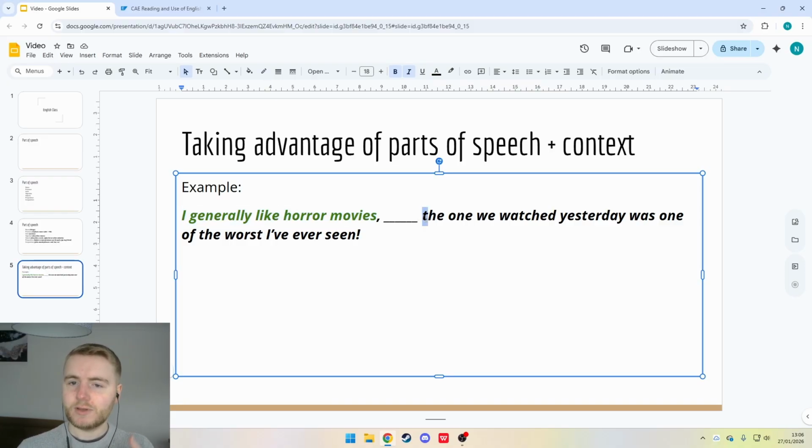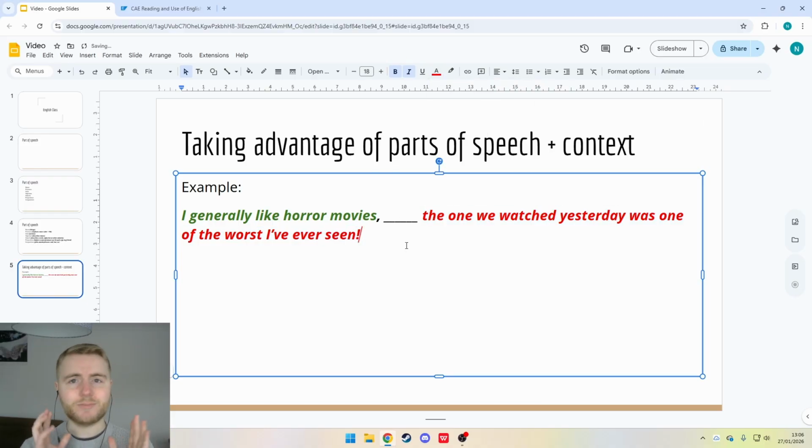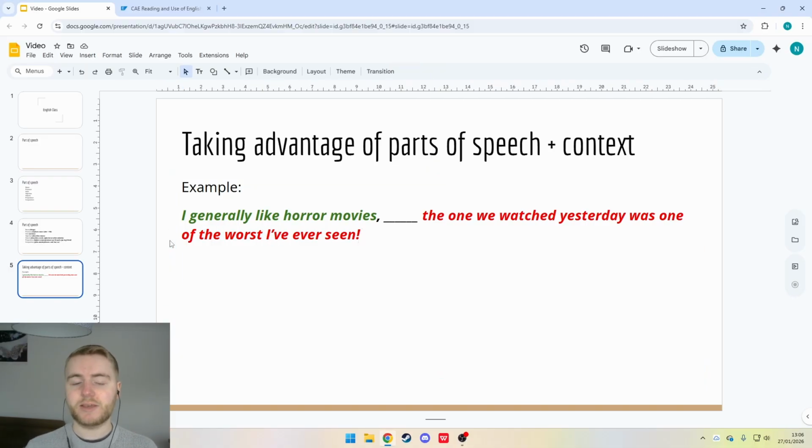This one, the one we watched yesterday was one of the worst I've ever seen. I'm going to put that in red. It's a bad, negative idea. In this one, we're saying this movie was terrible. Okay? So firstly, I've identified that we're changing the tone of the sentence a bit. We've gone from positive down to negative.